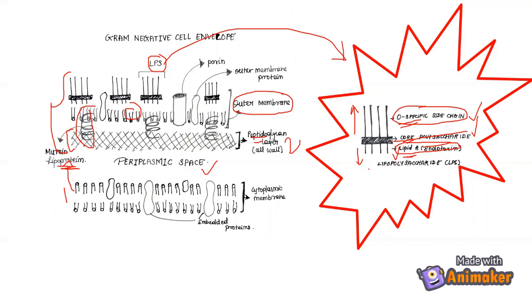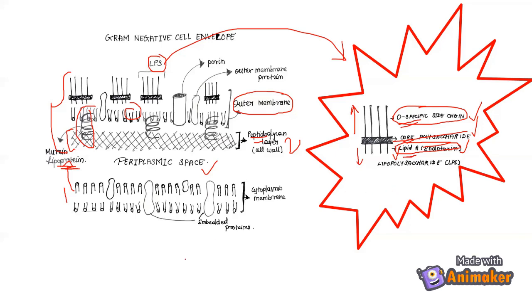So remember, when your bacterial cell is lysed, this lipid A is released into circulation. Now this lipid A is the one which causes fever, diarrhea, and things like that, and it can also be fatal at times, which is endotoxic shock. Septic shock, which we'll be covering in a later video.